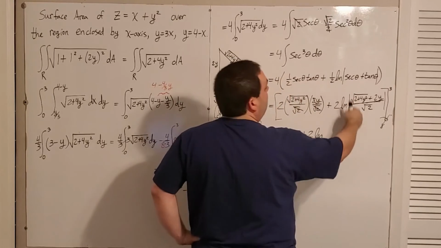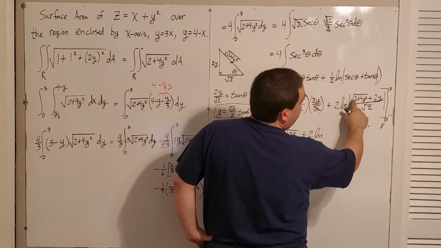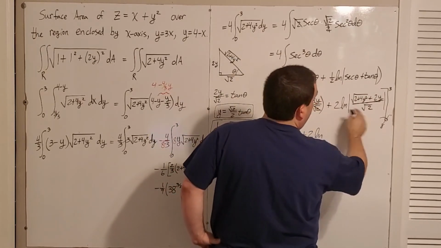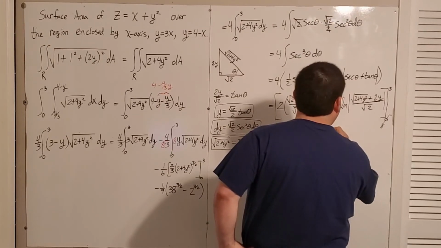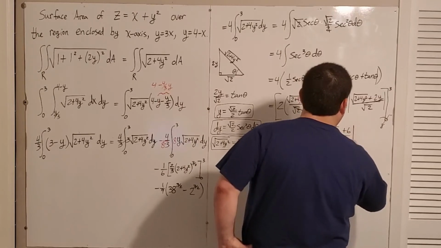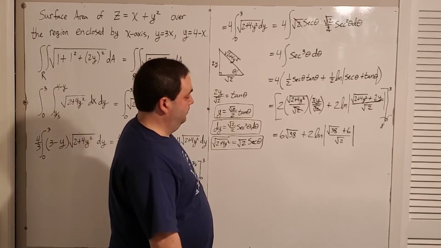And then in my absolute value here, I'm plugging in 3. That's going to be square root of 38 plus 6. And then over the square root of 2. Like so.